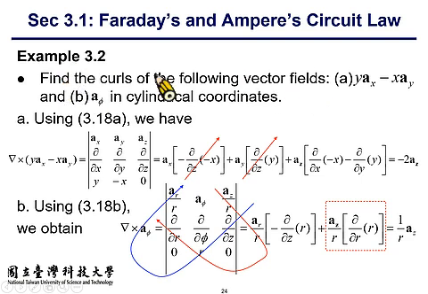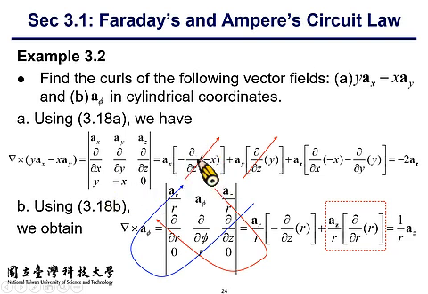Example 3.2 asks you to find out the curls of the first one, a vector in the Cartesian coordinate system. So you write up the operation in the determinant form. Be sure to use the determinant form, which is easier to remember, and follow through the calculation of determinants. You can perform the derivative.